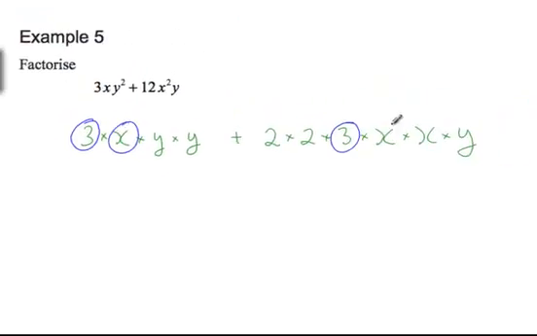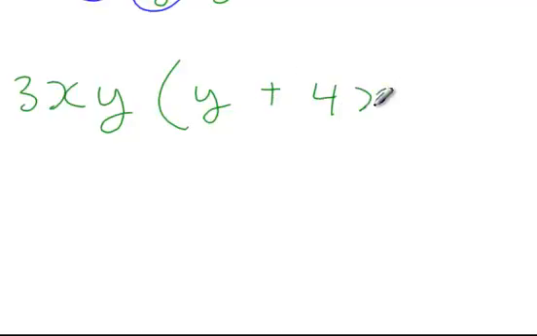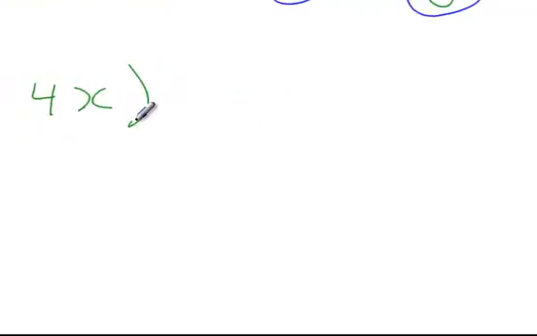This one has an x, this one has an x. This one has a y, this one also has a y. That's what's in common between both terms. So we can take out 3 times x times y. We can factor out 3xy from both of these terms. And we're left with y in the first term, and we're left with 2 times 2 times x in the second term, so we're left with 4x in the second term. If we wanted to expand this out to check that we got the original that we started with, to confirm that our answer is correct, you can also do that.